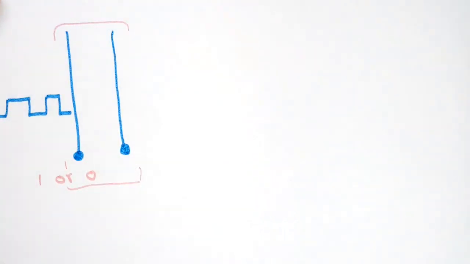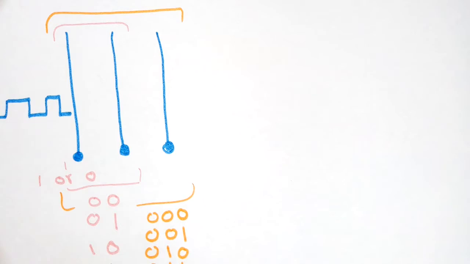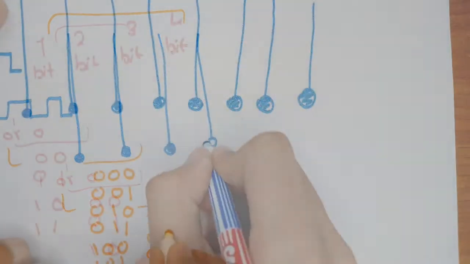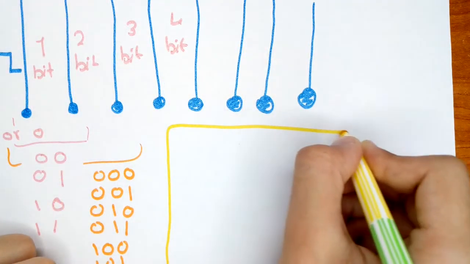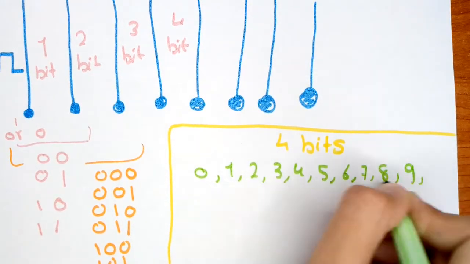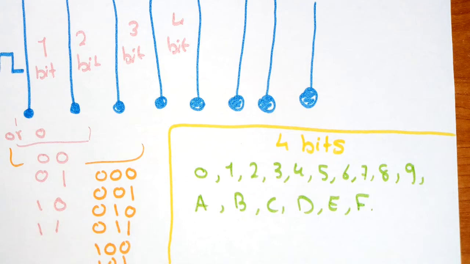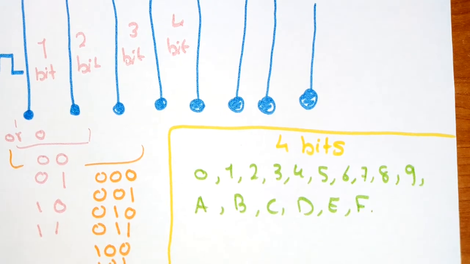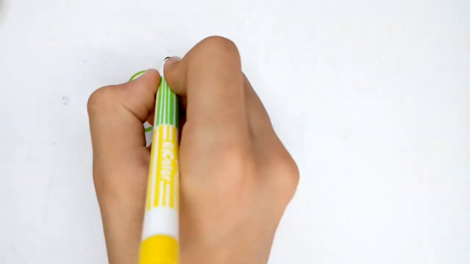If you increase to 2 data lines, here you can have 4 different combinations or values, which is still a pretty small value, so let's crank it up a bit to 3 data lines, or more technically, 3 bits of data bus width. But as you hit 4 bits, things get bigger. At 4 bits, you could have 16 different combinations or states, enough to hold a value from 0 to 9, plus the first 6 alphabet letters.